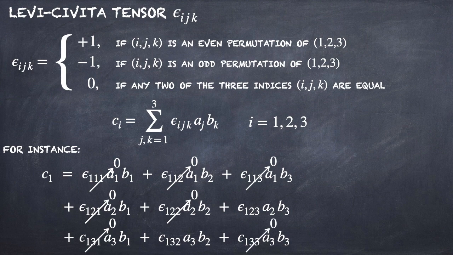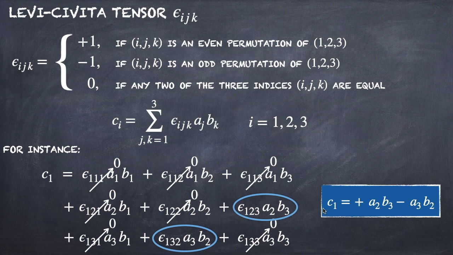This is not, and this is 0, 1 3 3. So we have this term and this term. This epsilon is in this situation here. It's an even permutation of 1, 2, 3, so it is equal to plus 1. And this epsilon here is going to be minus 1 because it is an odd permutation of 1, 2, 3.